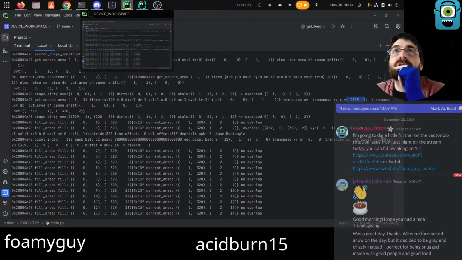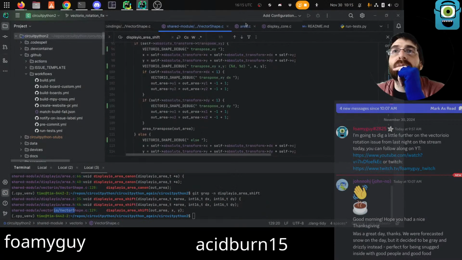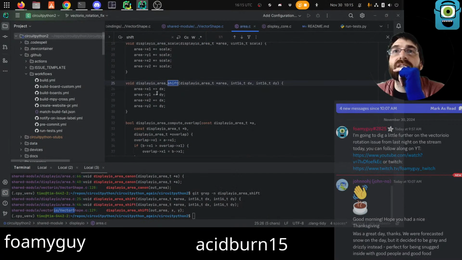Okay. So, yeah, I mean, shift is not going to be the problem. Shift only just adds those. So the x that we're adding is too big.